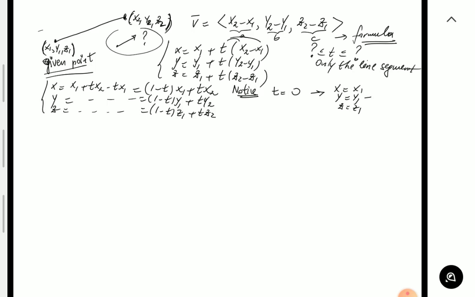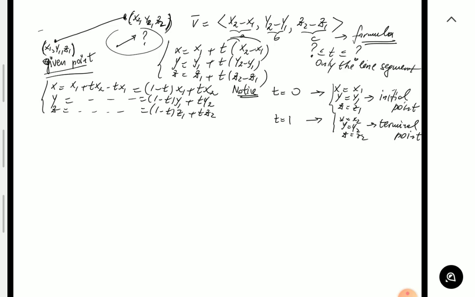So t equals 0 corresponds to the initial point of that line segment. And on the other hand, if t equals 1, then the parentheses will cancel, and that gives me x equals x2, y equals y2, z equals z2. And that gives me the terminal point of that line segment.